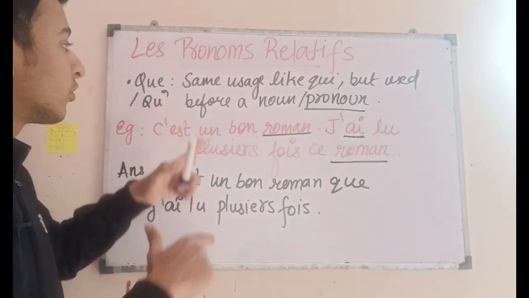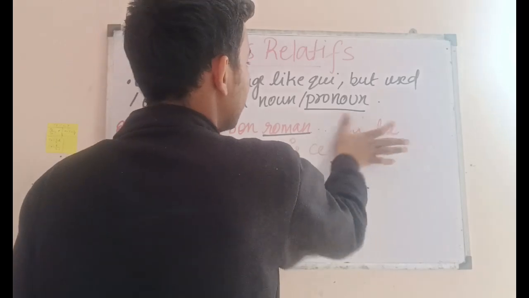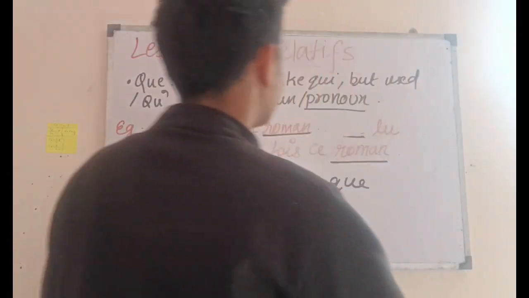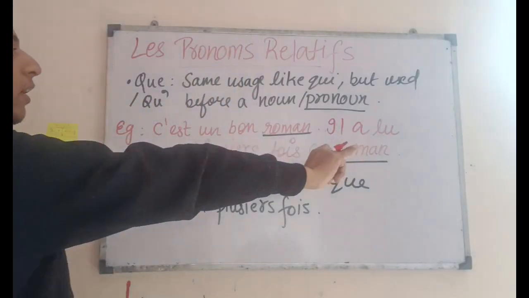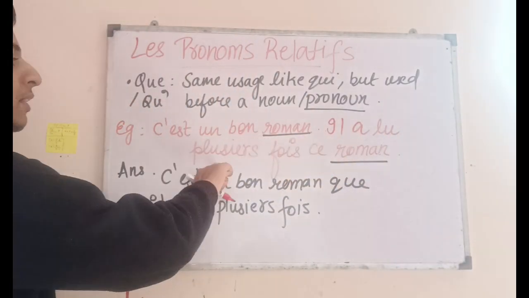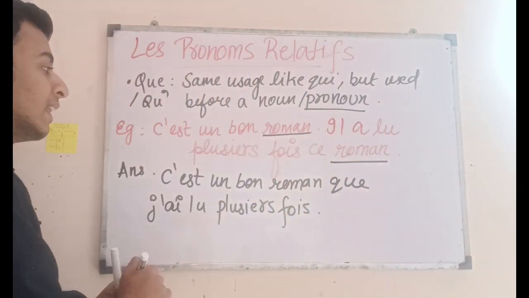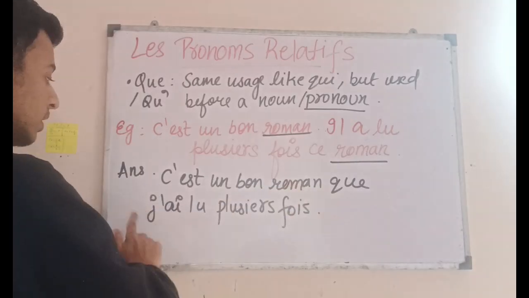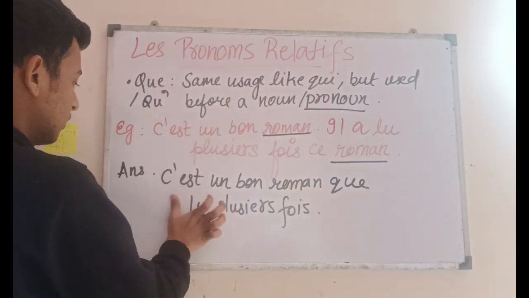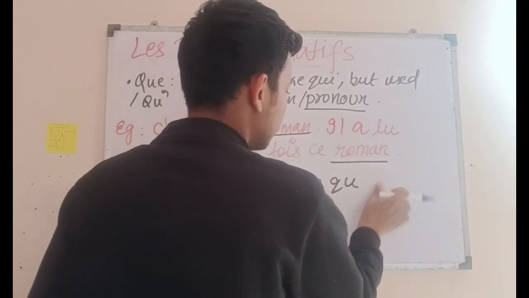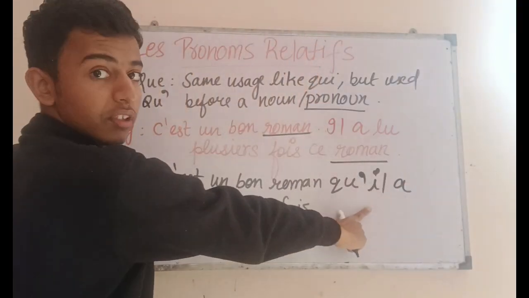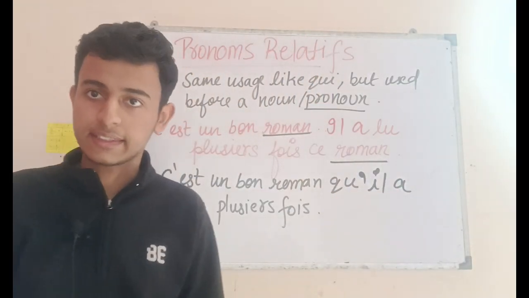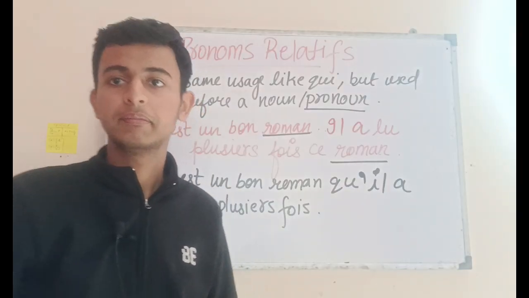Now, if instead of j'ai, it would have been, let's say, il a lu, it is a good novel, he has read this novel many a times, then instead of que j'ai, we would have written qu'il a. That is the difference. I hope the difference is clear.